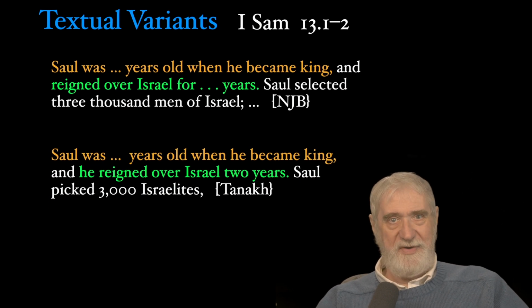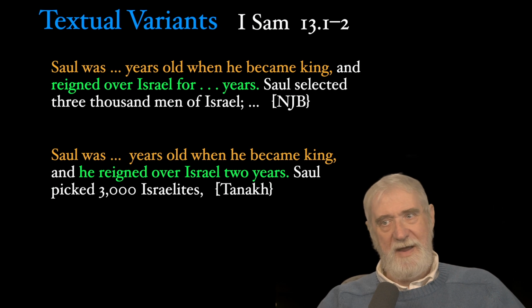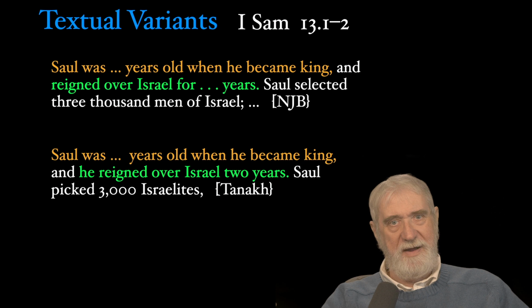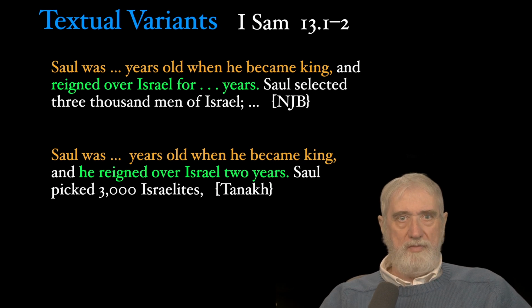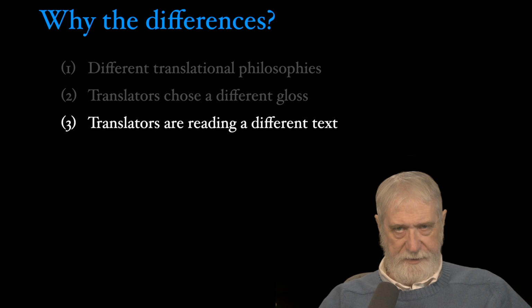They leave an ellipsis as regards the age of Saul, but they stick with the 2 years of the text in the second part. So these are various ways that translations deal with the fact that they're actually reading a different text from one another.